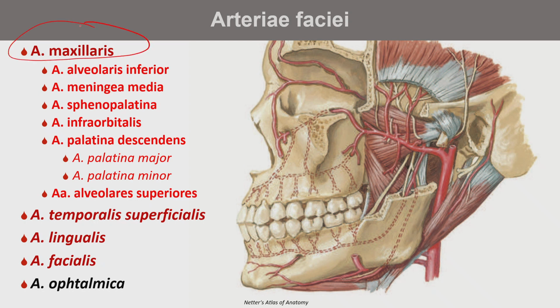If you remember names of arteries of the head, probably some of you missed the mandibular artery. Mandibular artery doesn't exist. The mandible is supplied by the artery which is called alveolaris inferior.